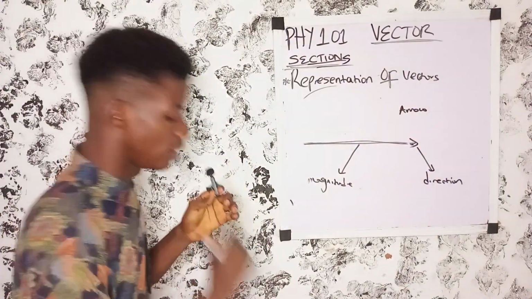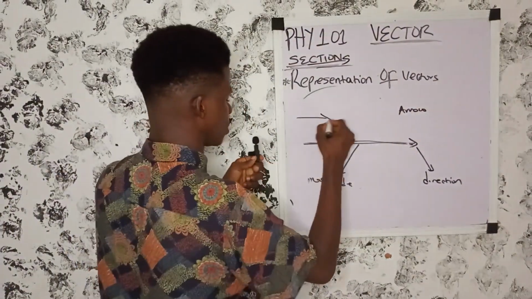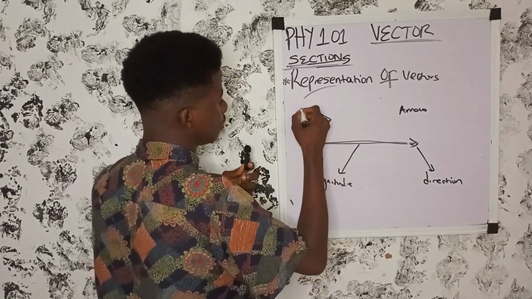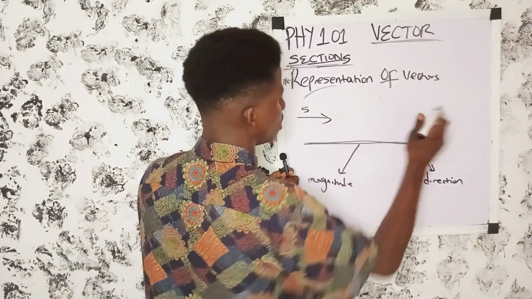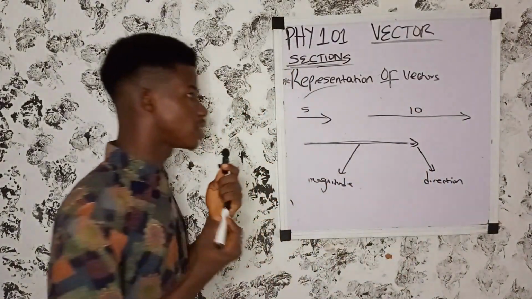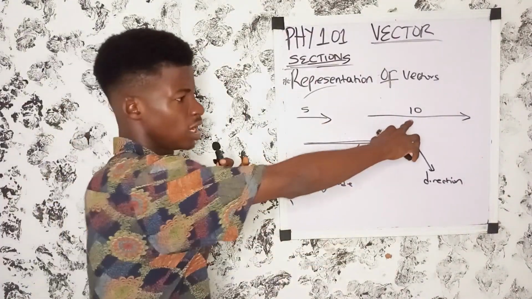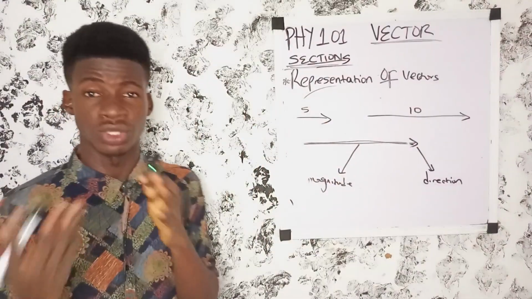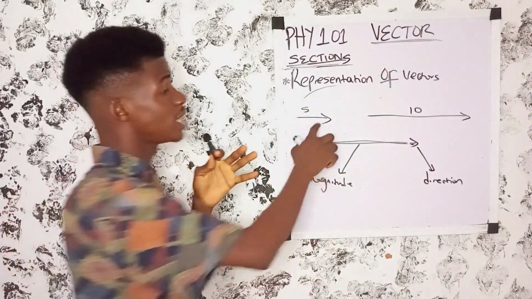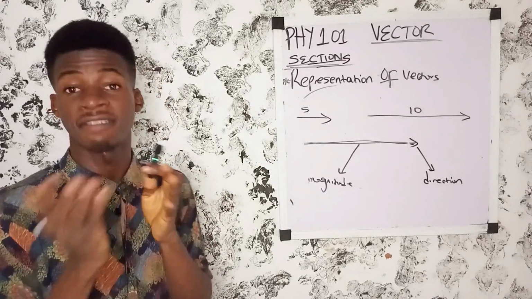Now let me break it down. For example, take a vector of 5 and a vector of 10. Between these two vectors, which one is bigger? It is this one, because of the magnitude. Even though they are going in the same direction, they are not the same because they have different magnitude.